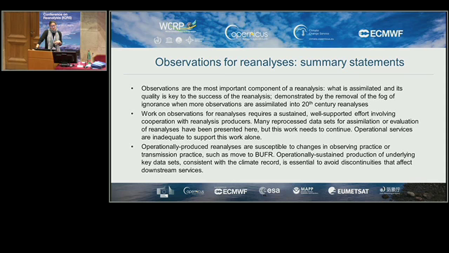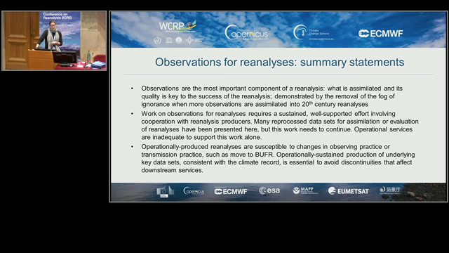Work on observations for reanalysis requires a sustained, well-supported effort involving cooperation with reanalysis producers. In my experience, this has worked very well in the ERA-CLIM and ERA-CLIM2 projects, and those are good examples of research projects which bring together observational development with reanalysis production.